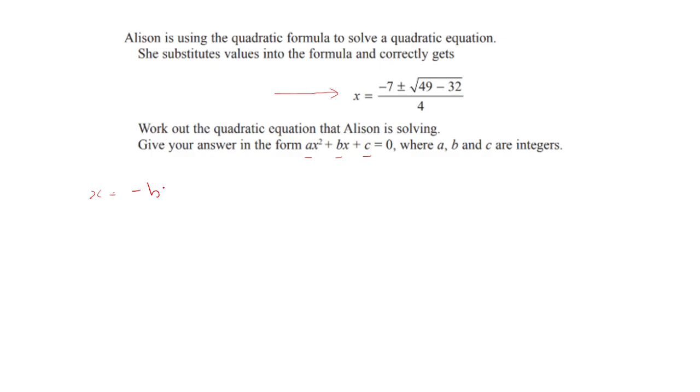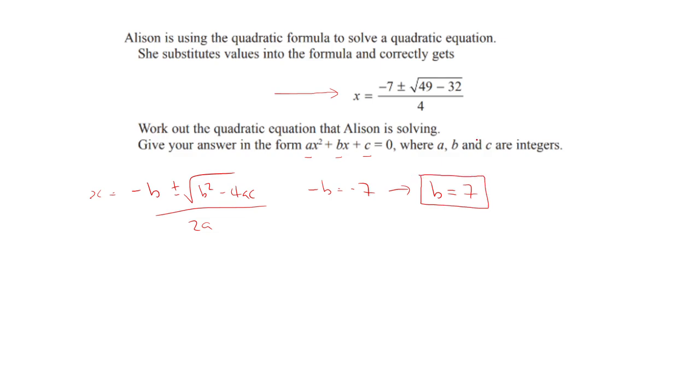So minus b plus or minus square root of b squared minus 4ac all over 2a. Now straight away we can look at this minus 7. If minus b equals minus 7, then clearly b would be equal to 7. So we've already figured out what b is.